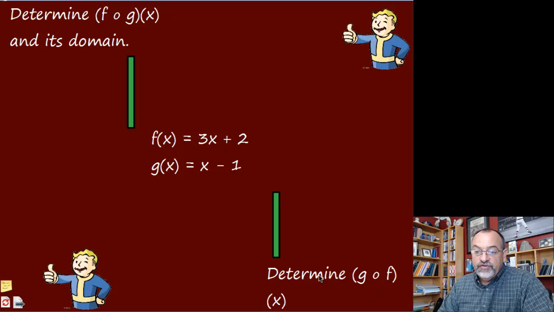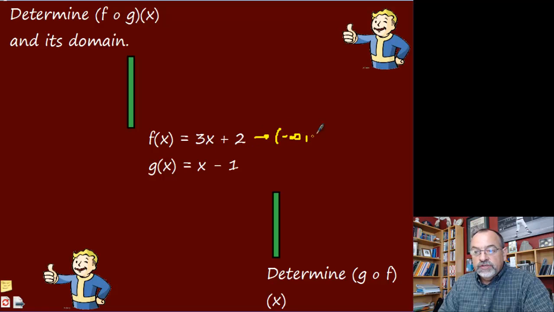Let's take the same two functions, but this time compose g with f, so g of f of x. Again, we're going to put the f function into the g function, so I look at the domain of f first, which is all real numbers. That will be the domain we look at after composing. Substituting the f function into g, we get 3x plus 2 minus 1, so 3x plus 1 is our new function.